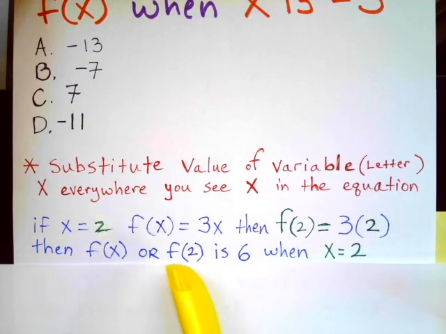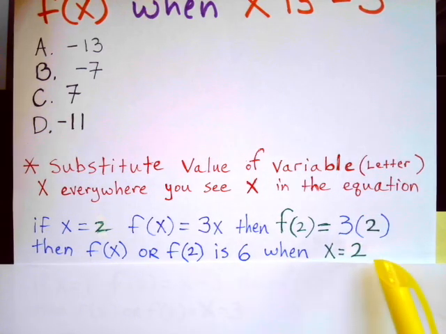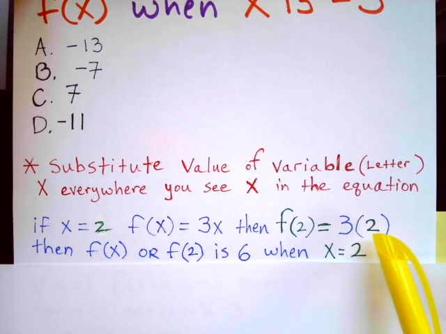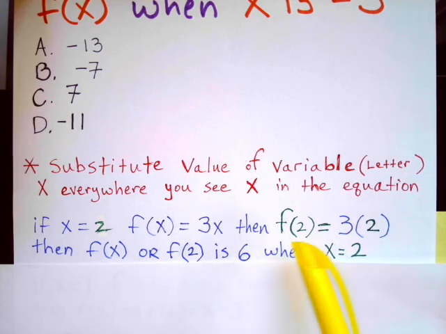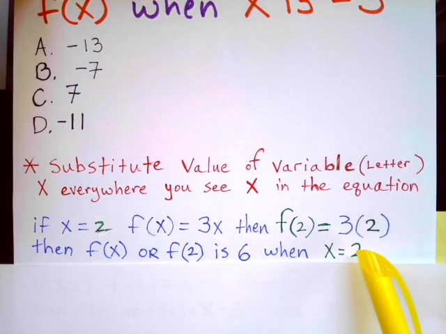So f of 2 is 6, when x equals 2, right? Why is it 6? Well, because 3 times 2 is 6, right? So the function of 2 you see here is equal to 3 times 2, which is 6, when x equals 2, which was given at the beginning of the problem.